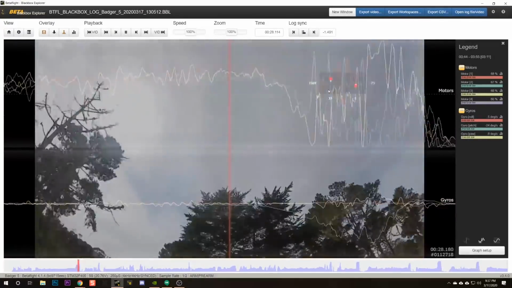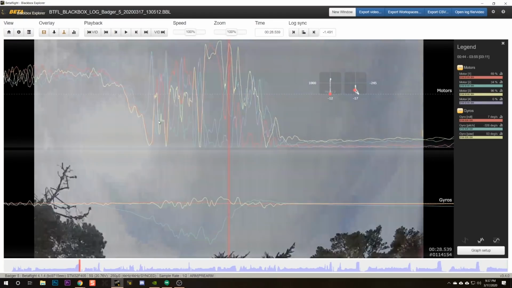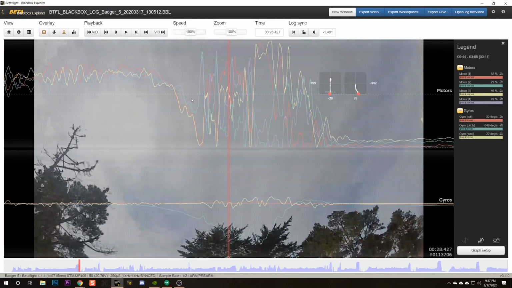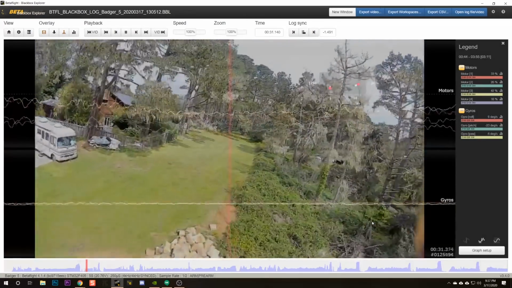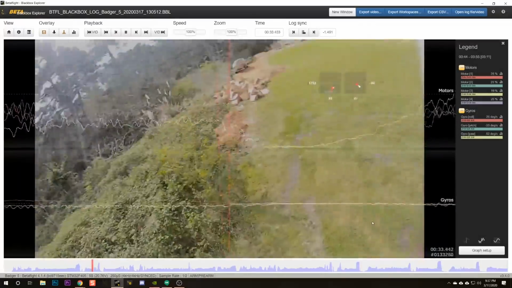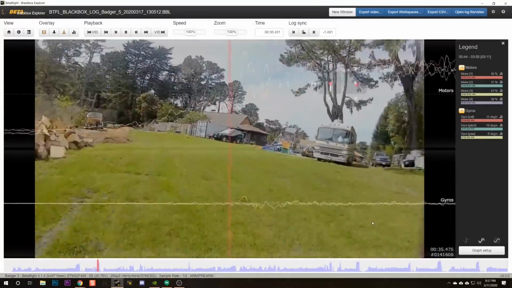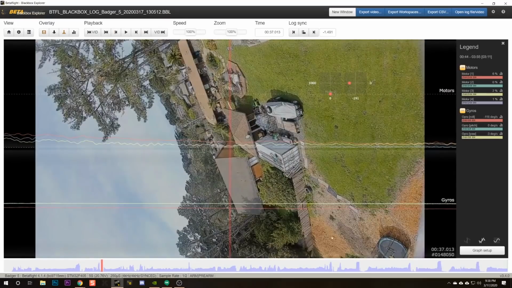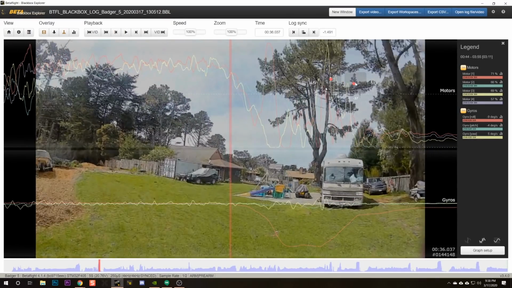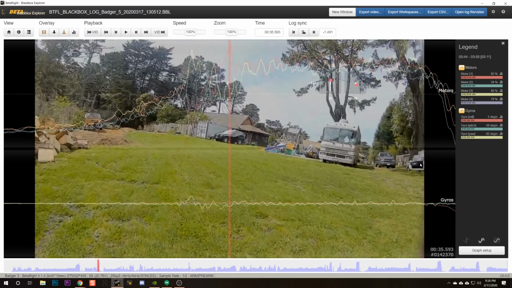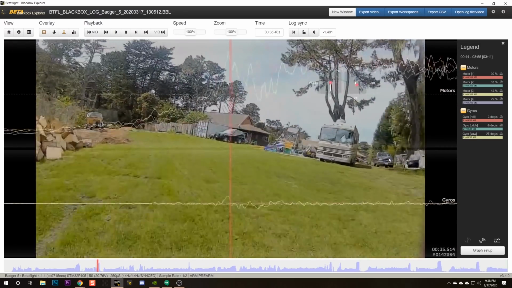So now it's just flying. Oof. The tune is something. This is not great. Wow, this tune is rough. Oh, lots of D oscillation. Oh, wow, big shudder. So something's going on here. I don't like the fact that when he spikes the throttle here, we get this big shudder.